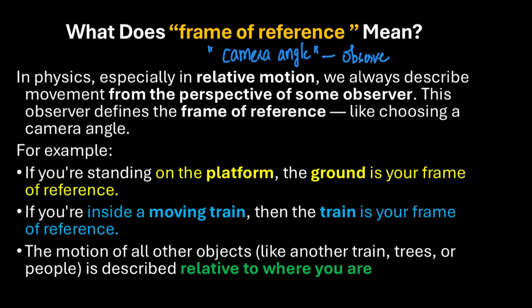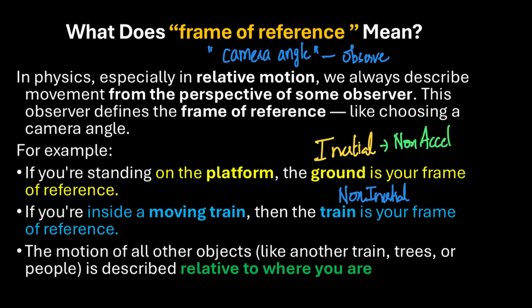And we also did mention two types of frame of reference. While you are standing on a stationary frame, the frame of reference is inertial in nature, whereas while you are on a moving platform, it is non-inertial in nature. That is, a non-accelerating frame of reference, and a non-inertial or accelerating frame of reference.